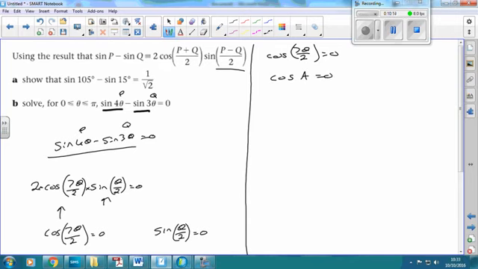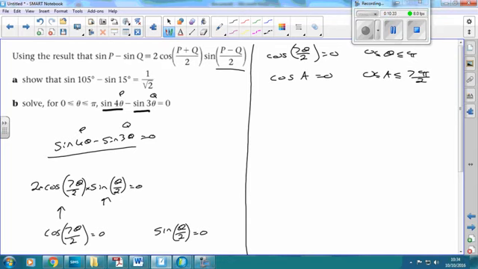And instead of theta being between pi and 0, I'm going to multiply that by 7 divided by 2. So a is going to be between 0 and 7 pi over 2.